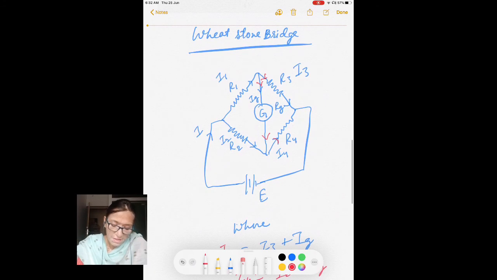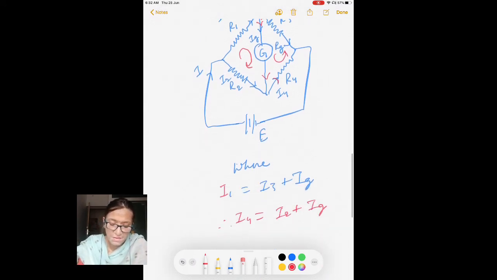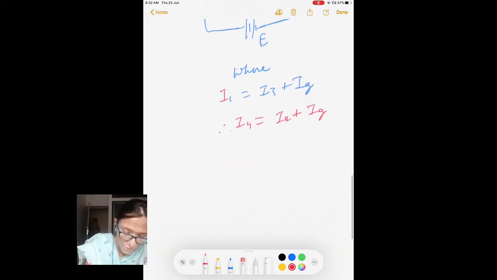Now every current in each resistor is specified here. Let me take a sense of how current is flowing in the two parts. And now I am using Kirchhoff's loop law.